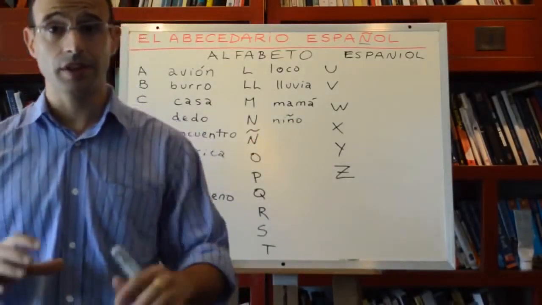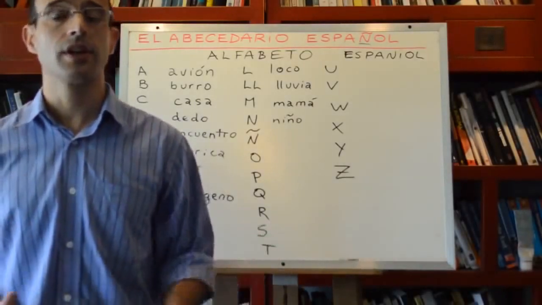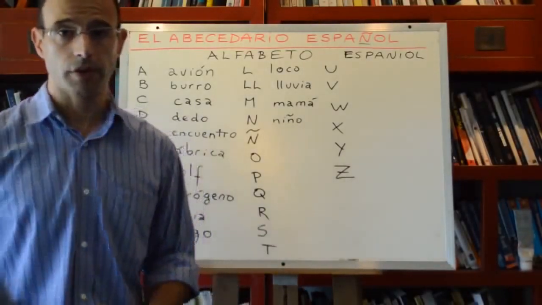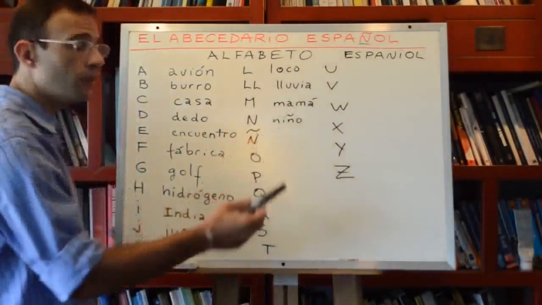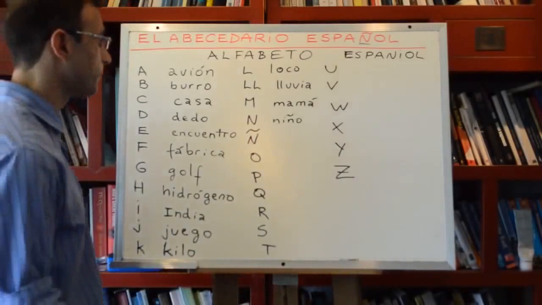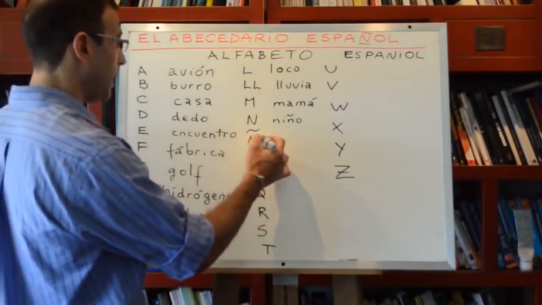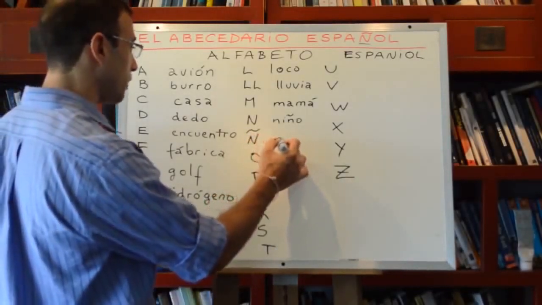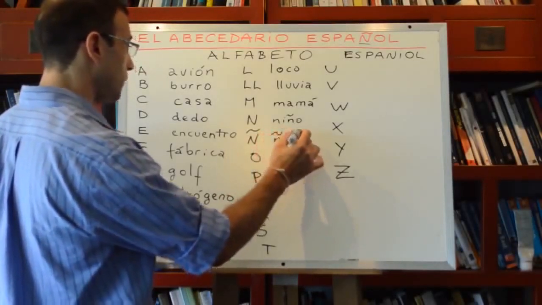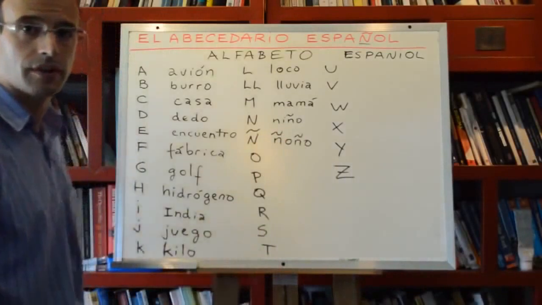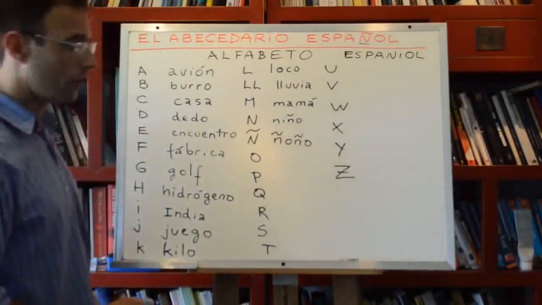Child is the generic way of addressing either a boy or a girl, so niño would also be child, generic. With ñ, the only word I come up with now is ñoño. Ñoño means silly, or not very smart.